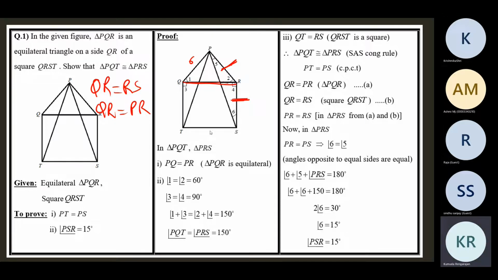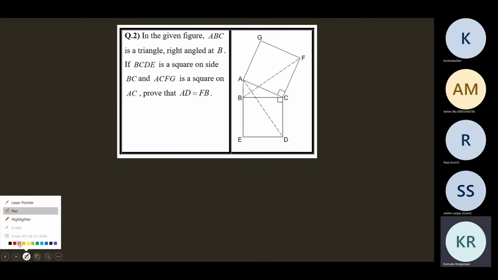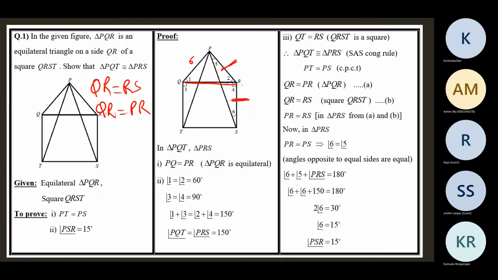So why is QR equal to RS? QR and RS, they're the sides of the square, so they're equal. What about QR and PR? QR and PR, they're the sides of the equilateral triangle, so they're equal. So QR is equal to RS, QR is equal to PR.